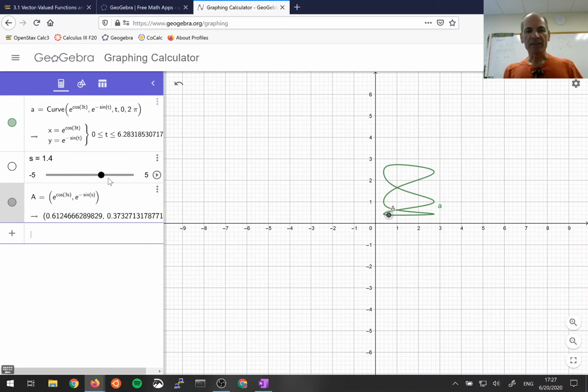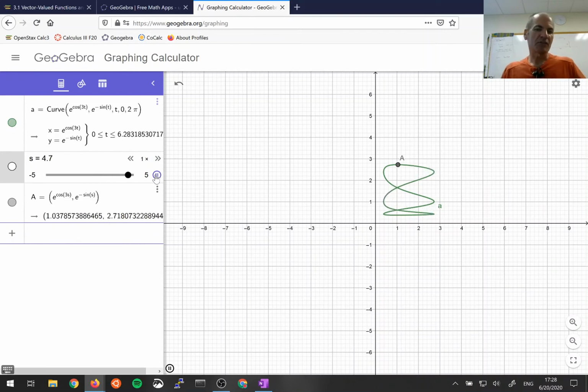What's fun about this is if I slide this back and forth, I kind of see how the point moves depending on the value of the parameter. So you can see, for example, for increasing parameter value, we're moving along the curve in that direction. And I can hit play, and GeoGebra will nicely let it sweep through.